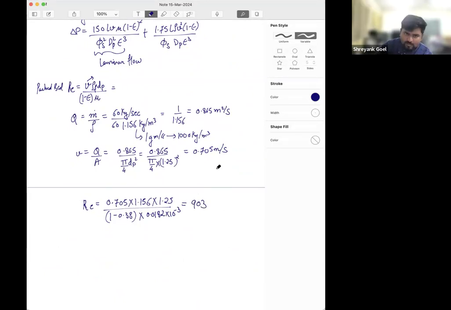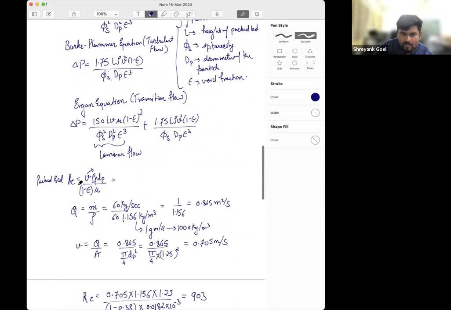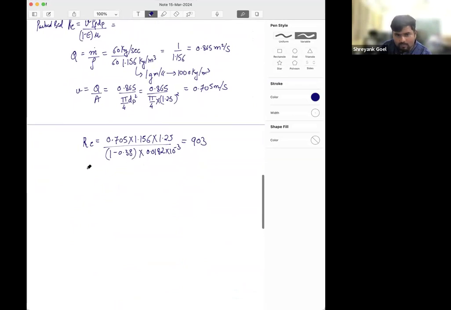So we are in this region, and we need to apply the Ergun equation to get the pressure drop. RE is 903, therefore we apply the Ergun equation.